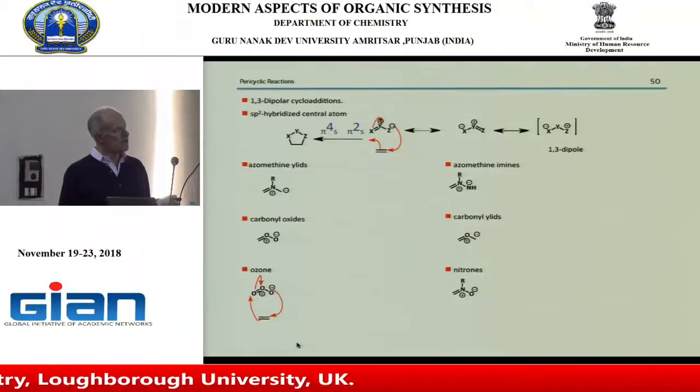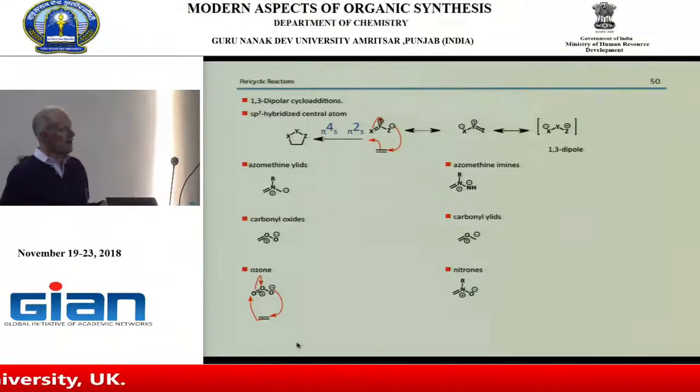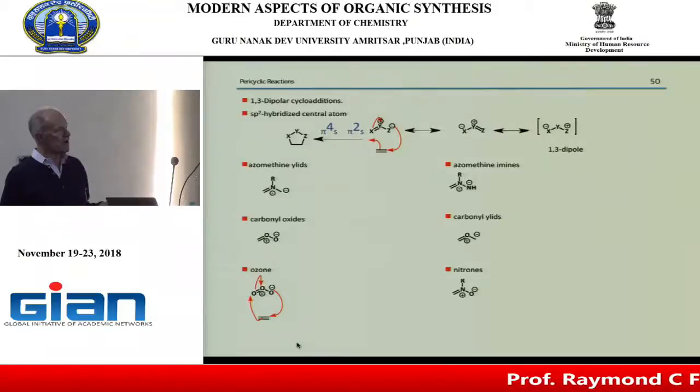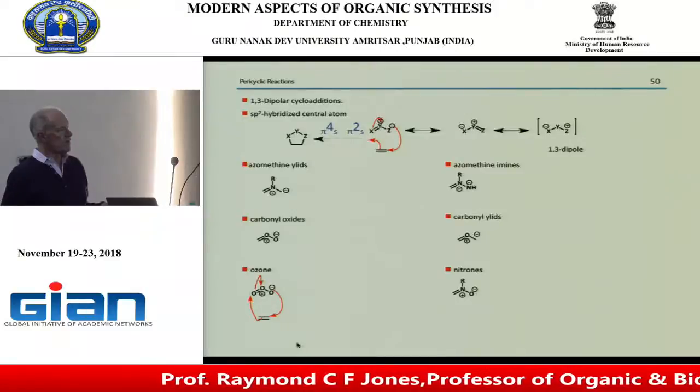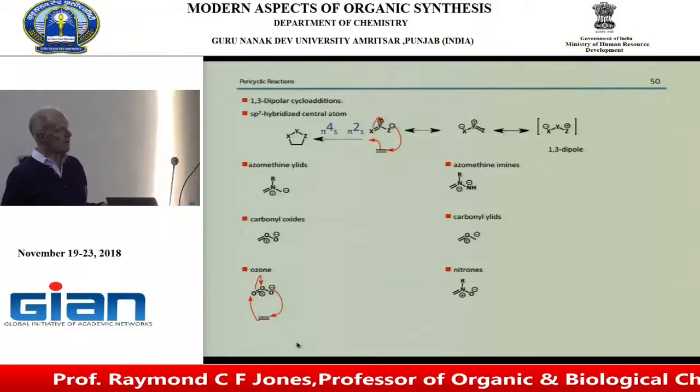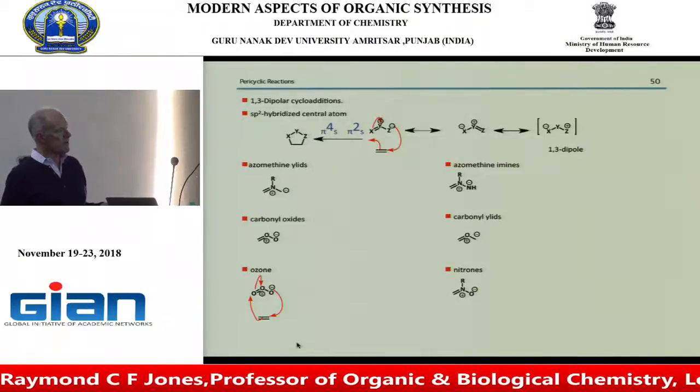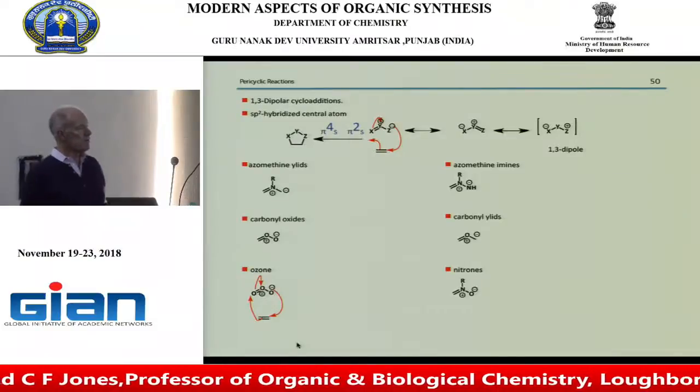So these are double bond, single bonds, like the two examples I had 2 slides ago, like azomethine ylides. Azomethine imines are similar, but with CNN instead of CNC. Carbonyl oxides, the name is descriptive, it's an extra oxygen on the end of a carbonyl, so they're COO dipoles.